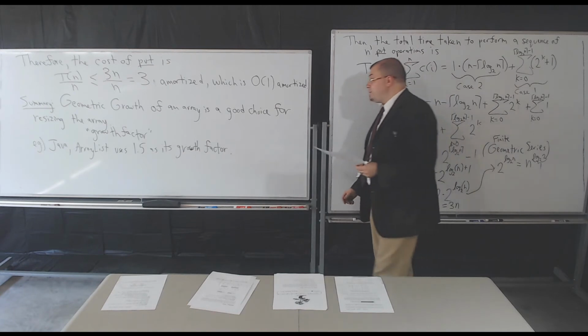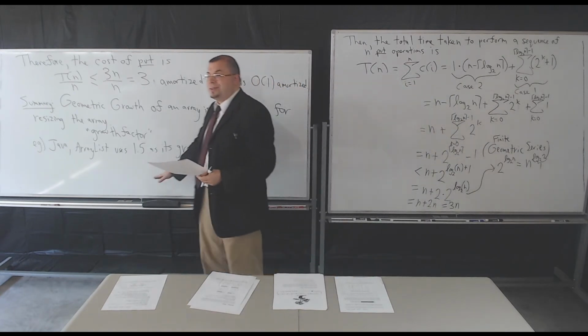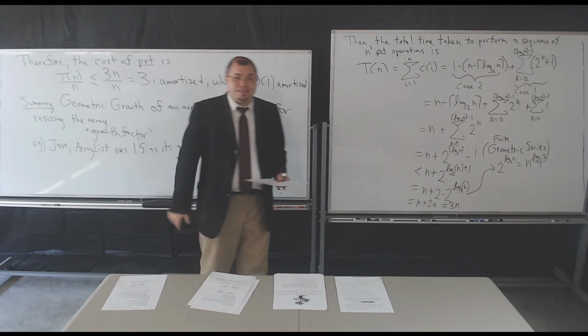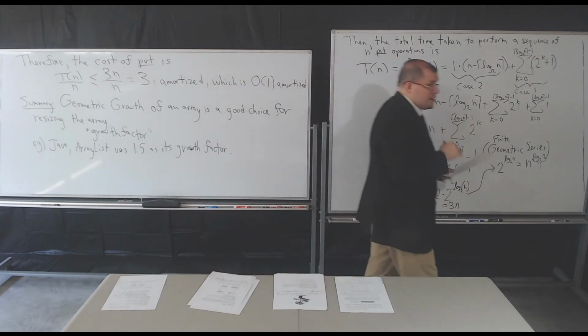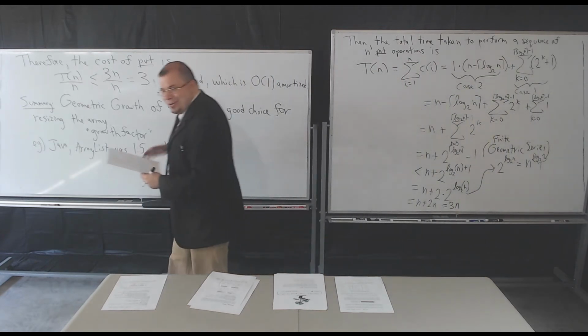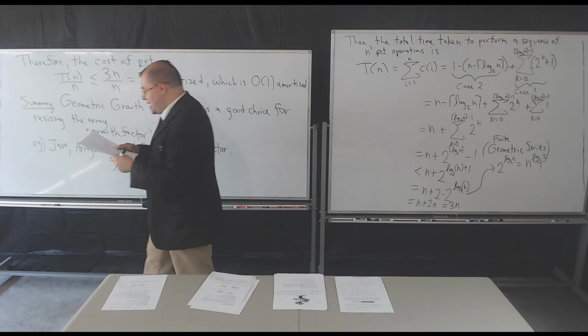Now, the reason why they pick 1.5 is to conserve memory. Because doubling your array every single time, there might be trade-offs there. So this is both theoretically valuable, but it's also a practical consideration. Okay? So, isn't that cool? So that's how you can use the aggregate method here.